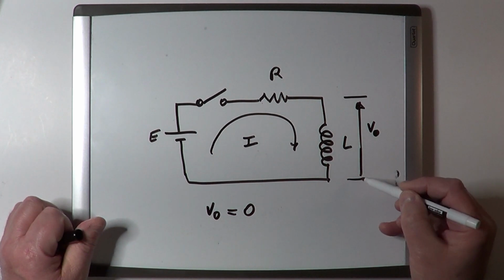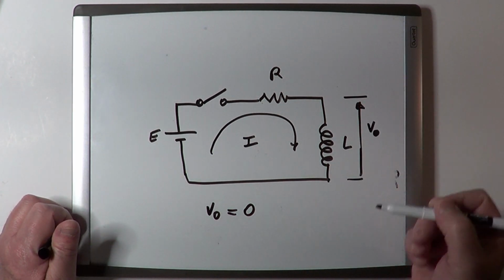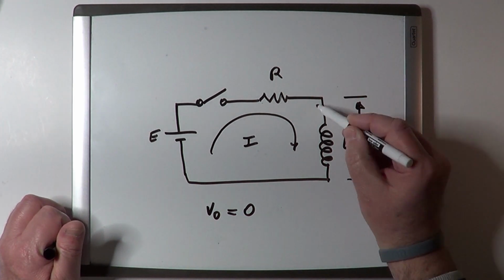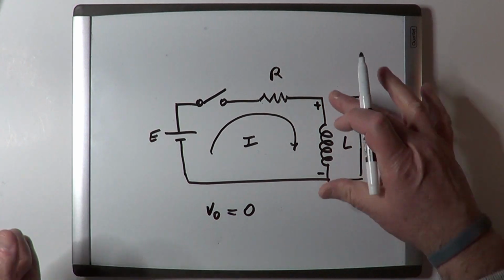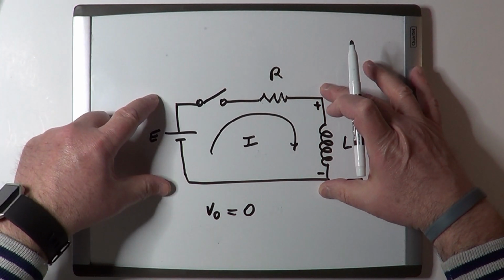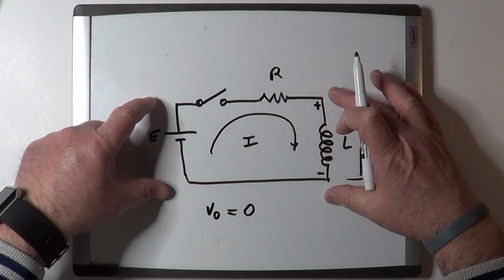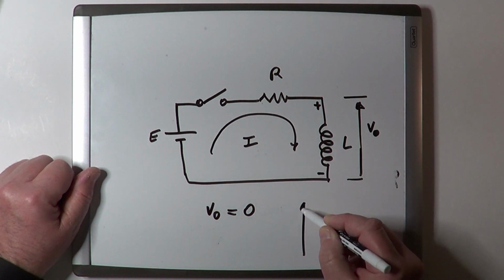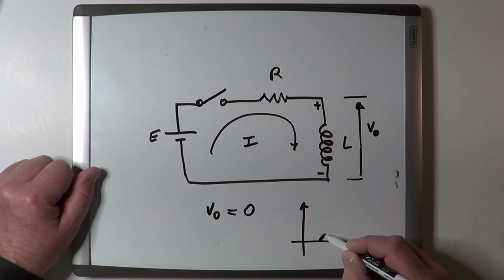At that point, the inductor will start charging its magnetic field, but in doing so, it will generate a voltage of its own over here, with plus on this side and minus on this. And this voltage will be exactly equal to the E over here. So you can see that the difference of potential across R becomes 0 at that point, and so there is no current. That's why at the very beginning, when the switch is closed, there is no current.